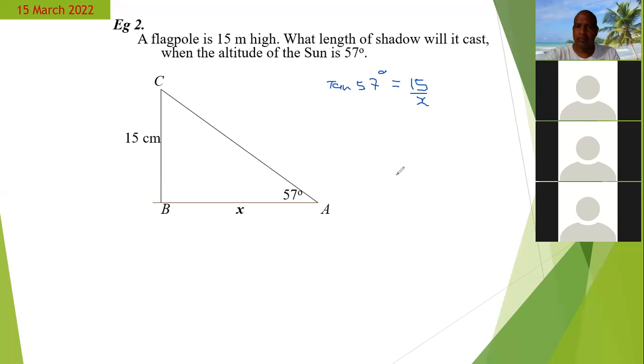Make the 15 the subject. What do we move now? Move the 15 to the left. So it'll be 15 tan 57 equals X.